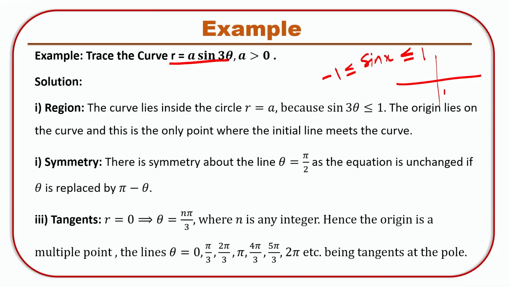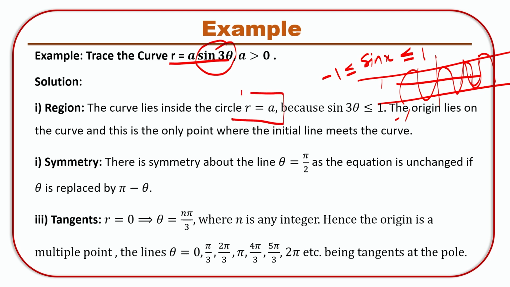So, sin of 3 theta here has the maximum value of 1. So, r equal to a is the maximum region where the curve lies inside those circle.